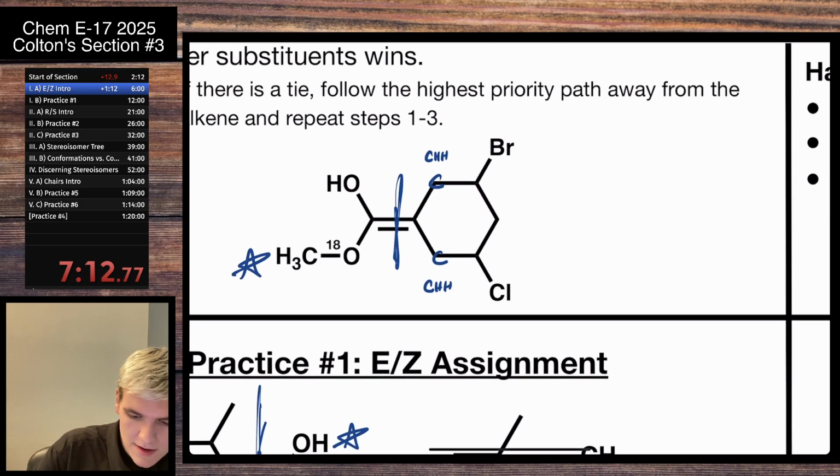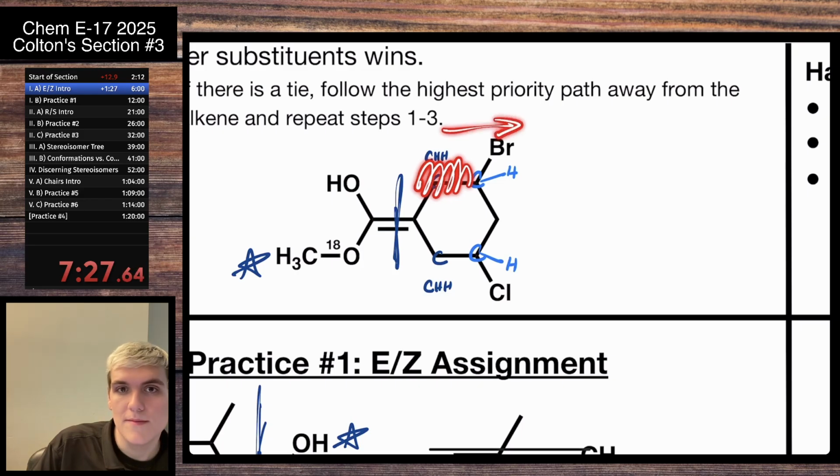So now we are comparing this carbon and this carbon. The top one, remember we have a hidden hydrogen in here, same down here, that's implied. The top one, we only consider the things that are going outward from the double bond.